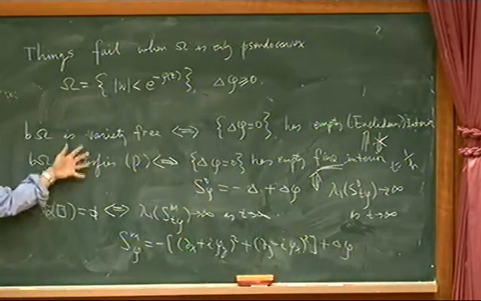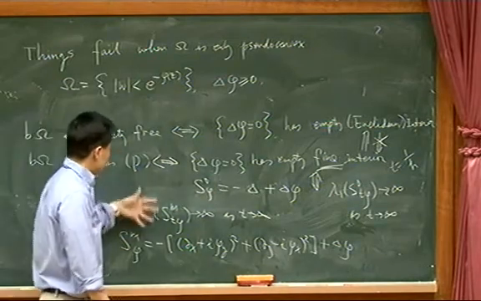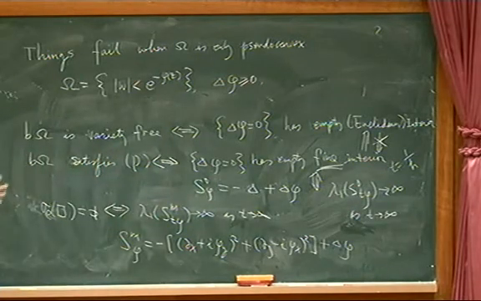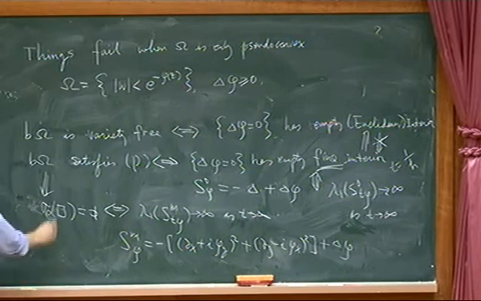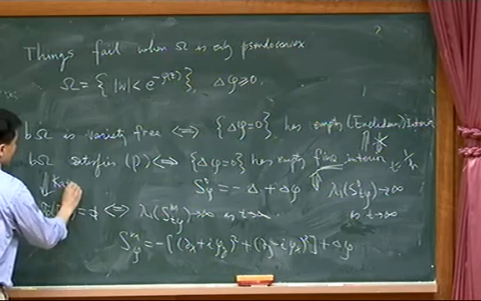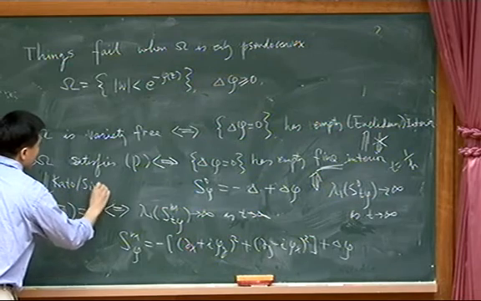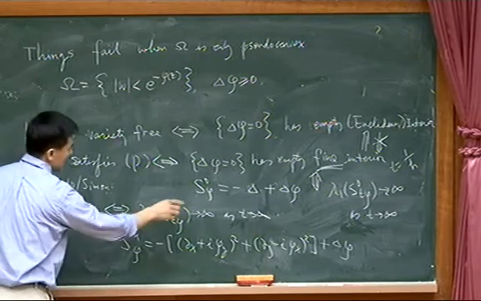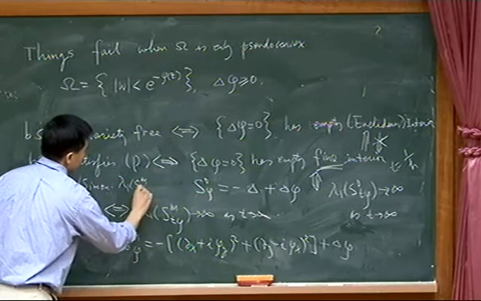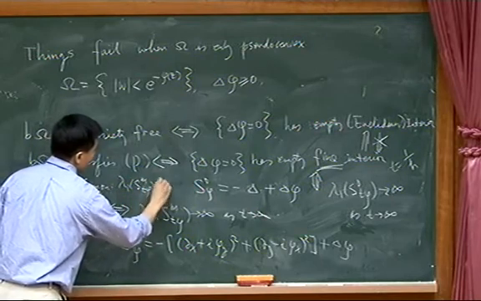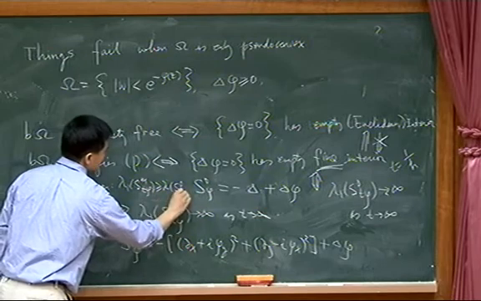Now this actually was an observation by Emil Straube and myself. The fact that property P implies that it has empty essential spectrum actually follows from a famous inequality of Kato and Baily-Simon, that the eigenvalue with magnetic potential is always greater than the one without magnetic potential.